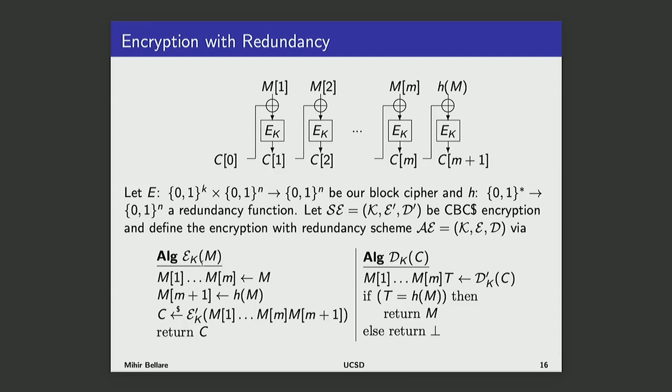When you give it a key and message, its encryption algorithm will first, as usual, break the message into blocks, and then add this extra block as the last one. This is the hash of the original message. Finally, it will run CBC encryption on that whole m+1 block string. From the point of view of CBC, this whole thing is the message, and whatever ciphertext you get there is returned. So that's just this picture detailed.